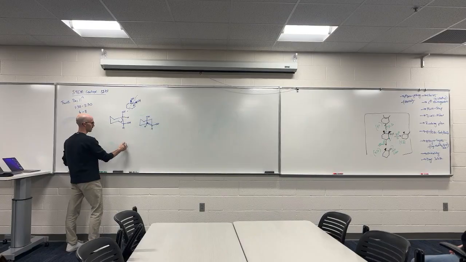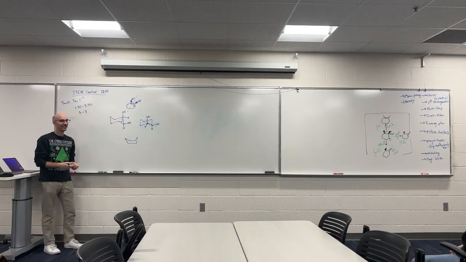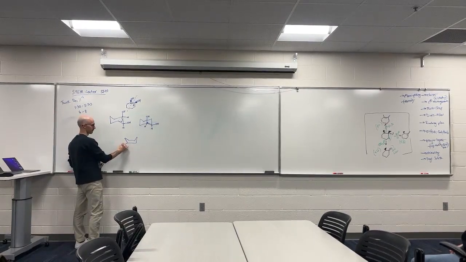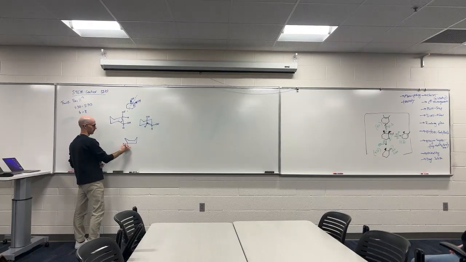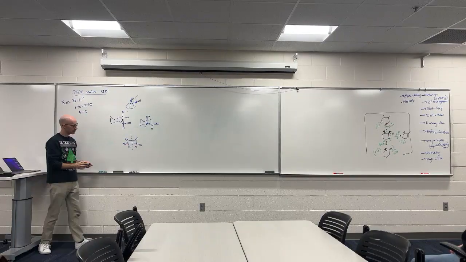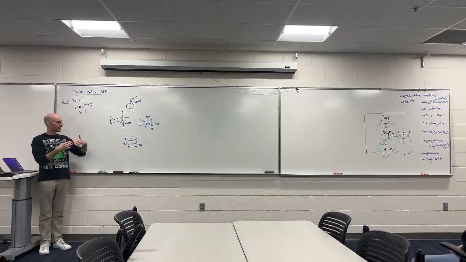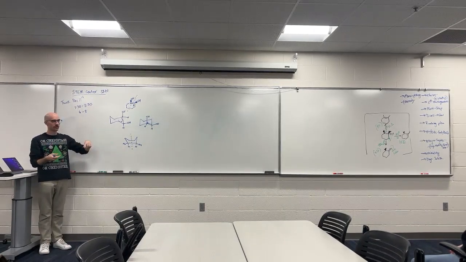Its boat conformation has symmetry. And where does the boat conformation lie? Is it higher in energy, lower in energy, or equal to these chairs? Higher. This is a transitional conformation between the boats. And it doesn't matter. As long as that compound has symmetry in any one of its conformations, it is always meso.